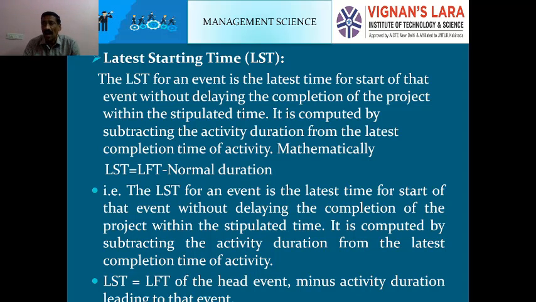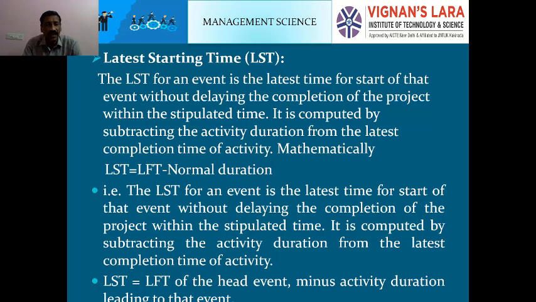That means after completion of the first event, it will go to start the next event without delaying completion of the project within the stipulated time. It is computed by subtracting the activity duration from the latest completion time of the activity. The latest completion time was calculated with the above formula. Mathematically, LST equals LFT minus normal duration of the activity.